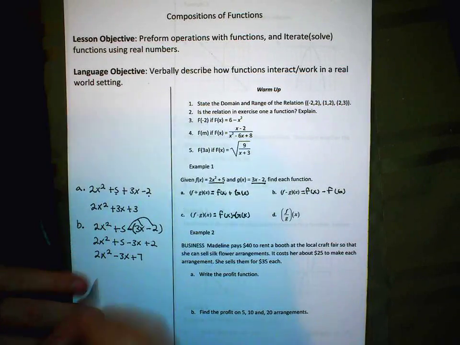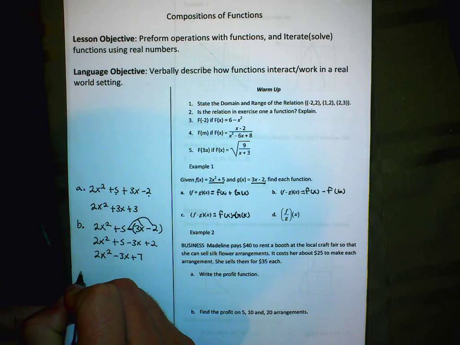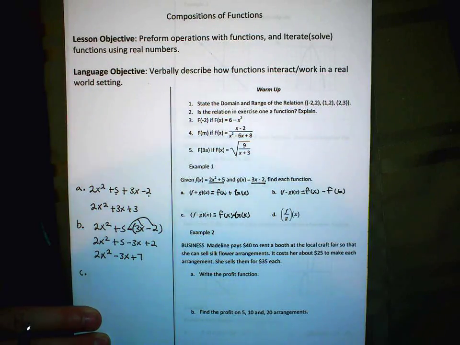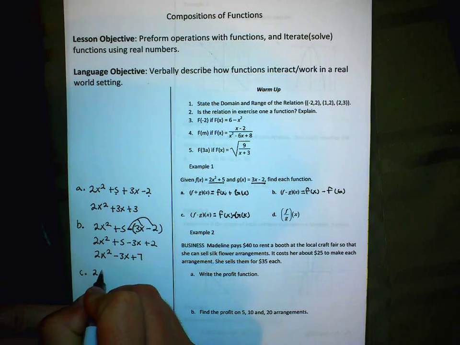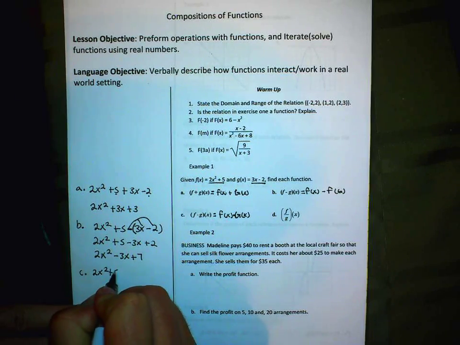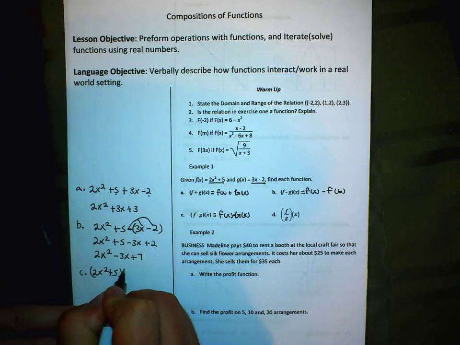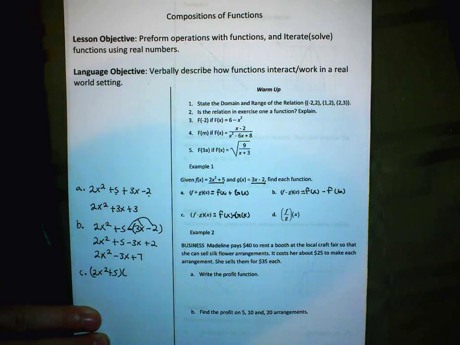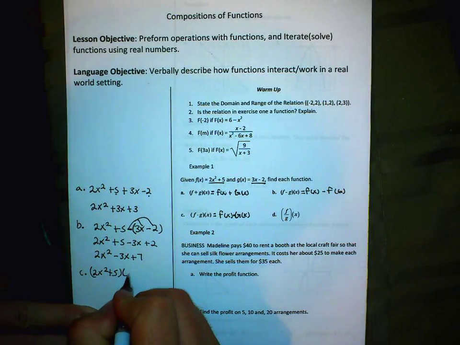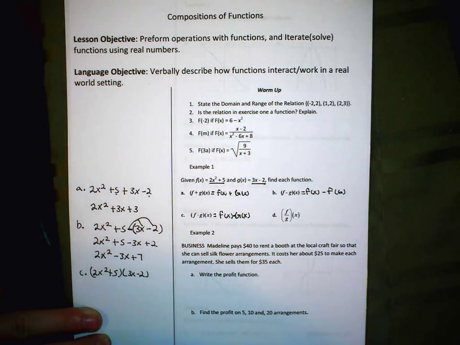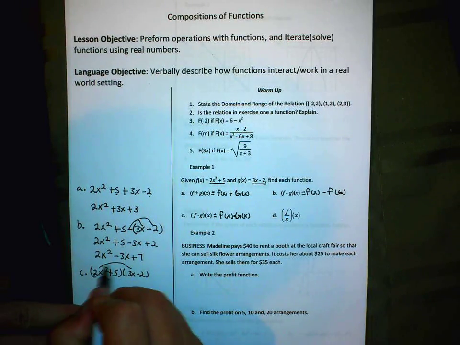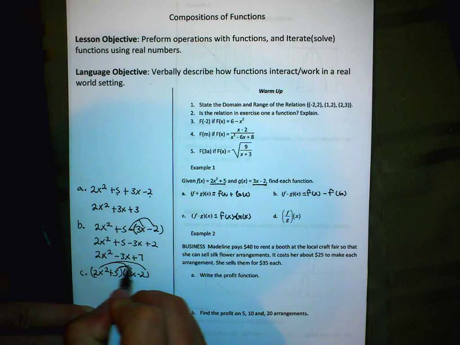So rewrite using parentheses this time for c. 2x squared plus 5 in parentheses is going to FOIL against 3x minus 2. I'm sorry, I shouldn't say factor. We're going to find the product of these two separate components. So we're going to FOIL out here, then we're going to FOIL out here.